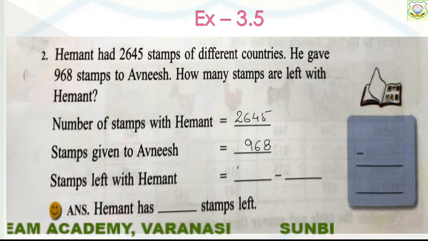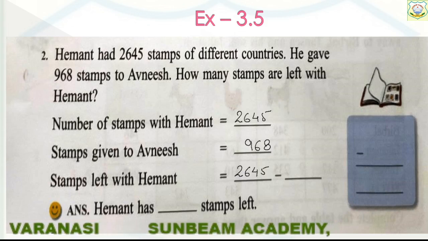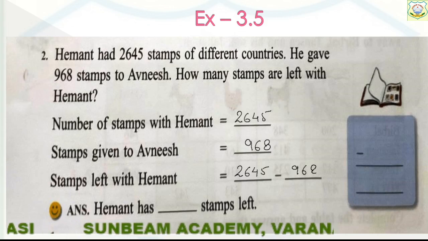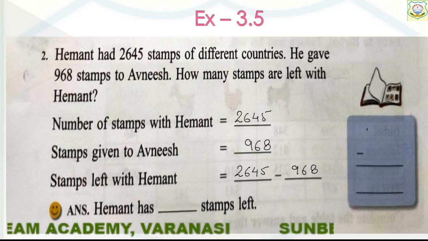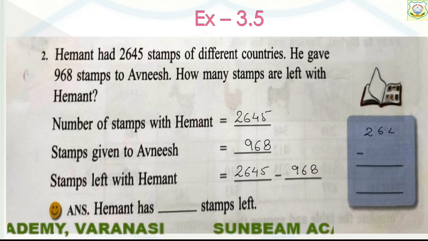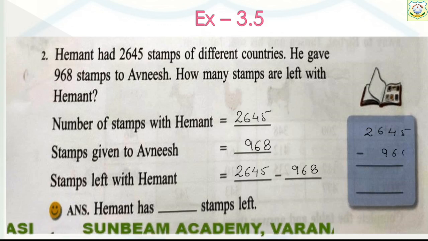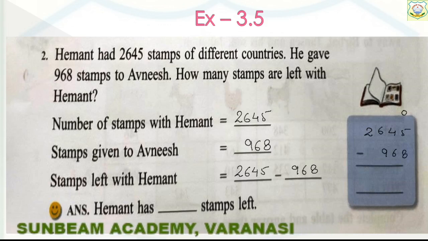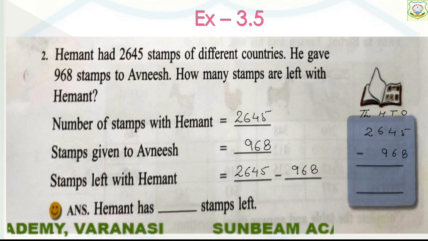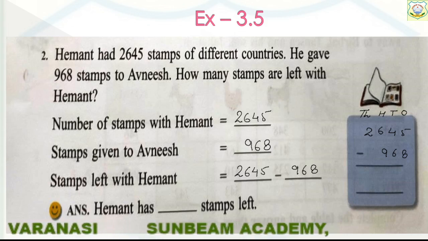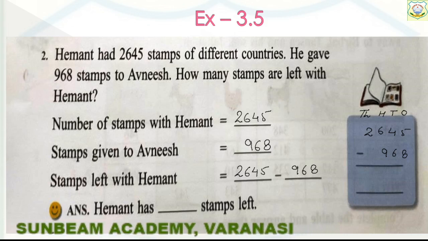We will write 2645 stamps minus 968. Now here also we have to subtract. So we will write 2645 minus 968. Remember the places ones, tens, hundred and thousand. Clear? Written this much? I'm waiting for you. Complete this.